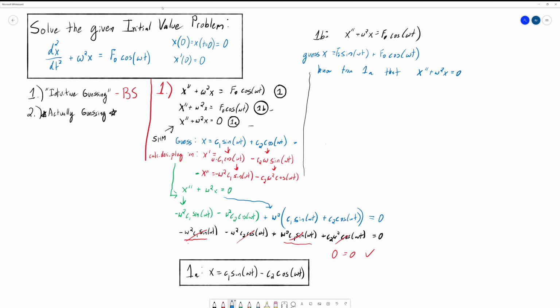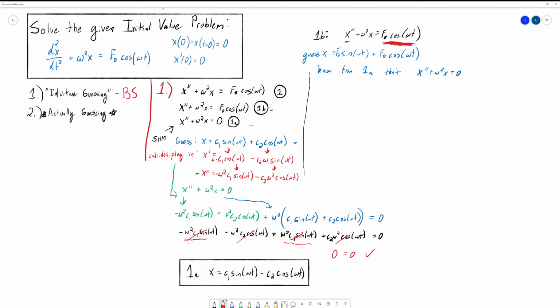So really what we need is something to generate, the question we're trying to answer is what would generate this. So we're going to take the derivative twice, and we're going to generate f naught cosine omega t. The only way that you're really going to be able to answer this is if you've done a handful of these problems.